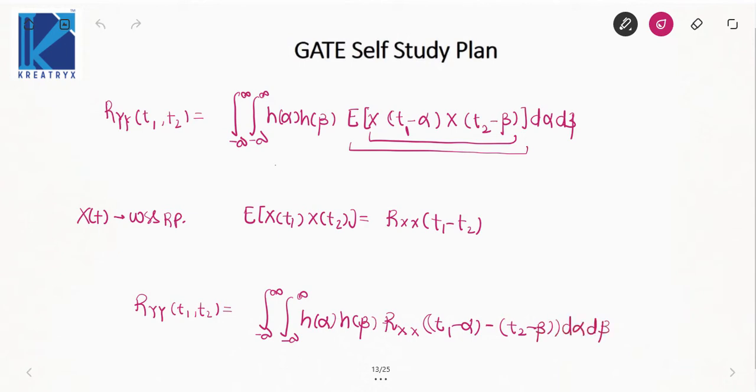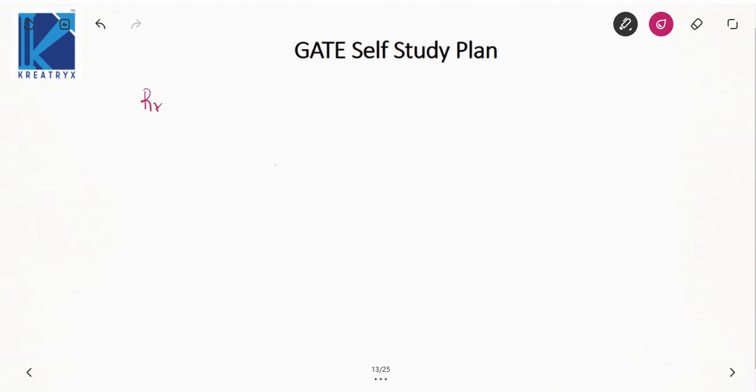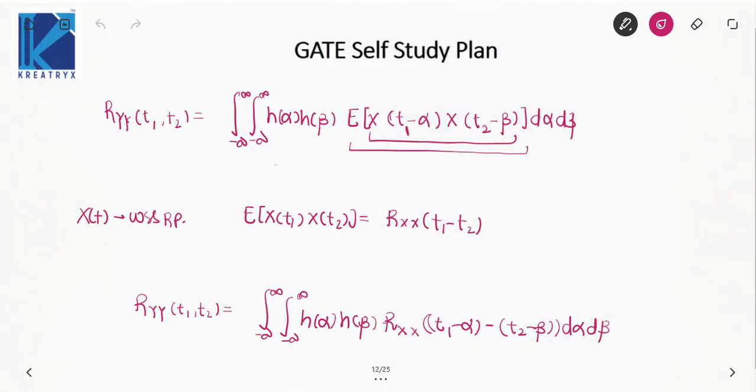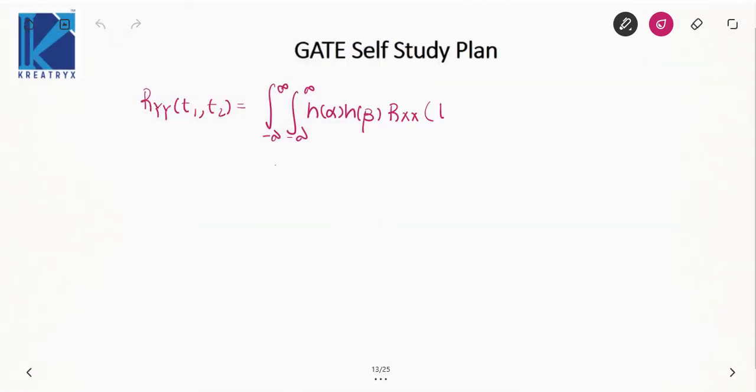Now let me rearrange this. So ryy of t1 comma t2 becomes the integral from minus infinity to infinity of h alpha into h beta into rxx of t1 minus t2 plus beta minus alpha, d alpha d beta.